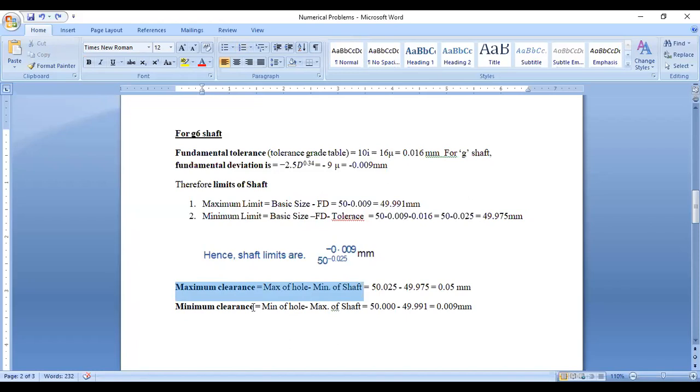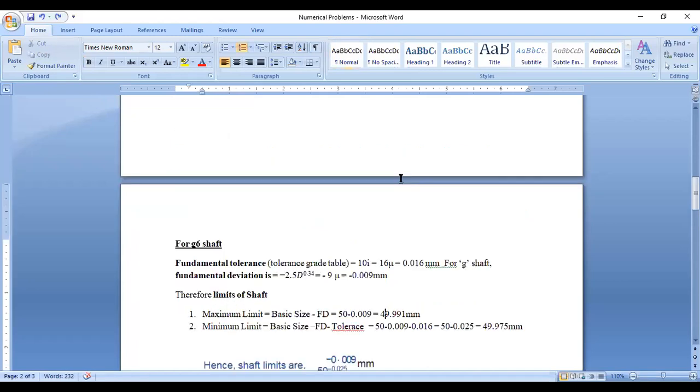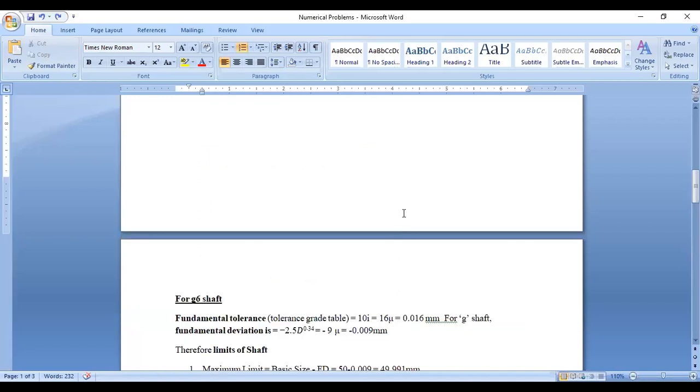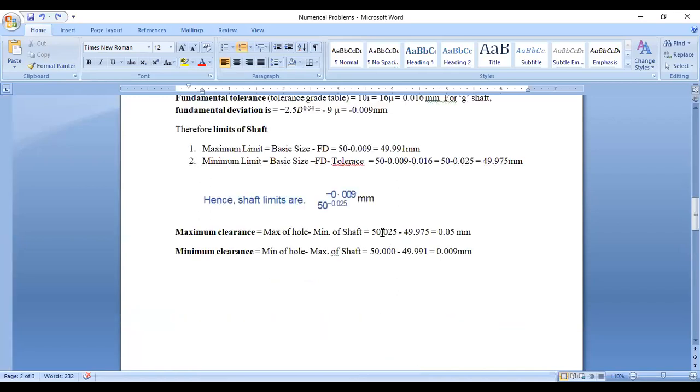The minimum clearance is given by the minimum limit of the hole minus the maximum limit of the shaft. Those values you will be having here and here, and regarding the hole, the values are here. You refer to those values and substitute, you will get the answer. That is the maximum and minimum clearance.